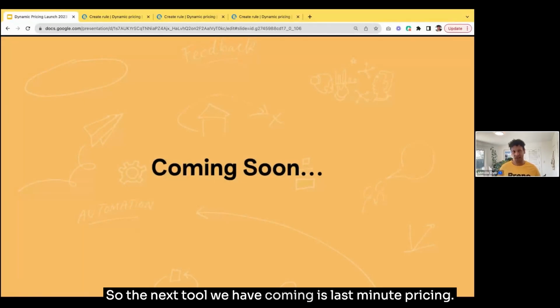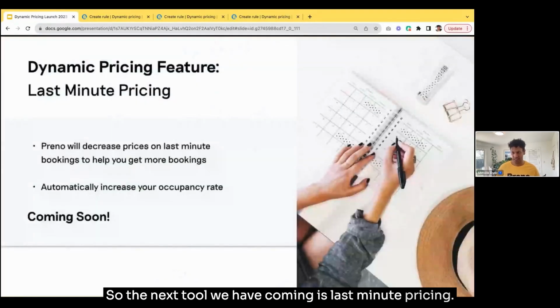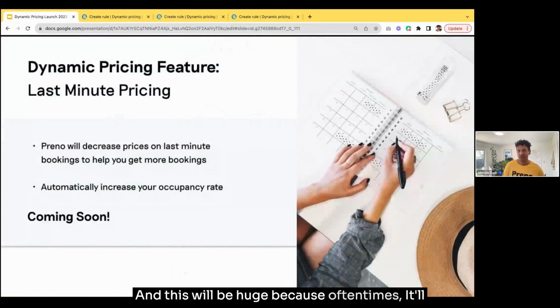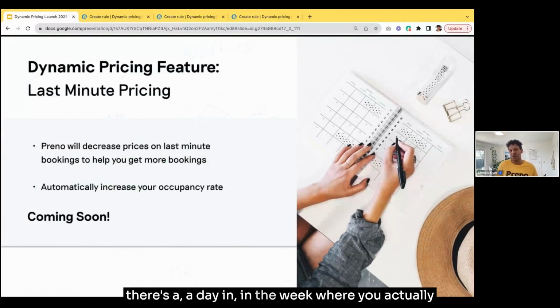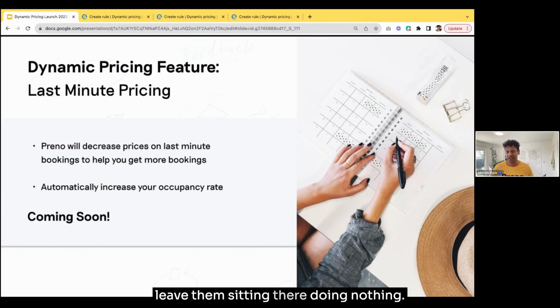The next tool we have coming is last minute pricing. This will be huge because oftentimes it'll be random when there's a day in the week where you don't have any bookings, or you've got 1 or 2. And sometimes, when you've got only 1 or 2 bookings, that can make your business a little bit inefficient. Sometimes it's better to have a couple more bookings than to just leave them sitting there doing nothing.